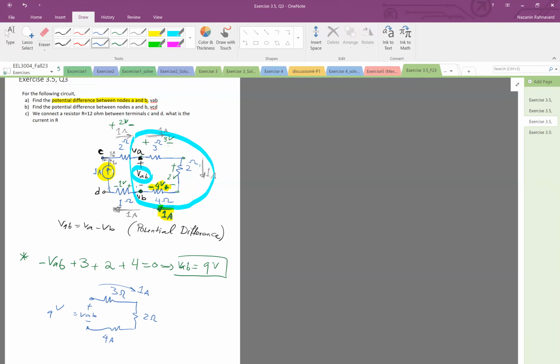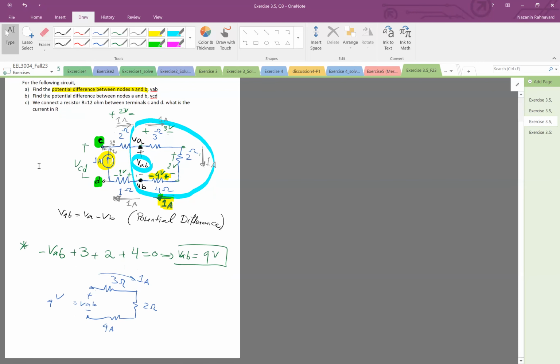Also, part B says to find the potential difference between nodes C and D. We can do that too. So now we go to this node and we're looking for the potential difference between the potential of node C and D, VCD.